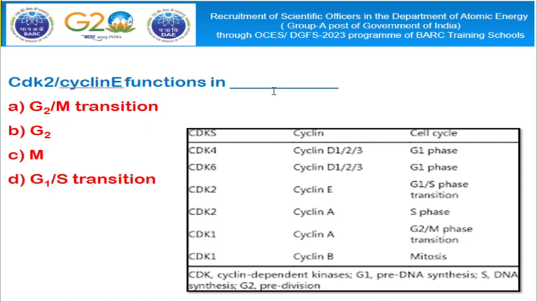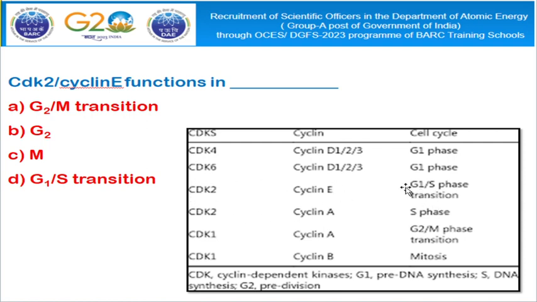Next is the function of CDK2 cyclin E. These are the list of CDKs, their cyclin partners, and the phase in which they are generally employed. In G1 phase, CDK4 and CDK6 along with cyclin D are engaged in regulating activities. In G1 to S phase, CDK2 and cyclin E take care of the regulatory aspects.